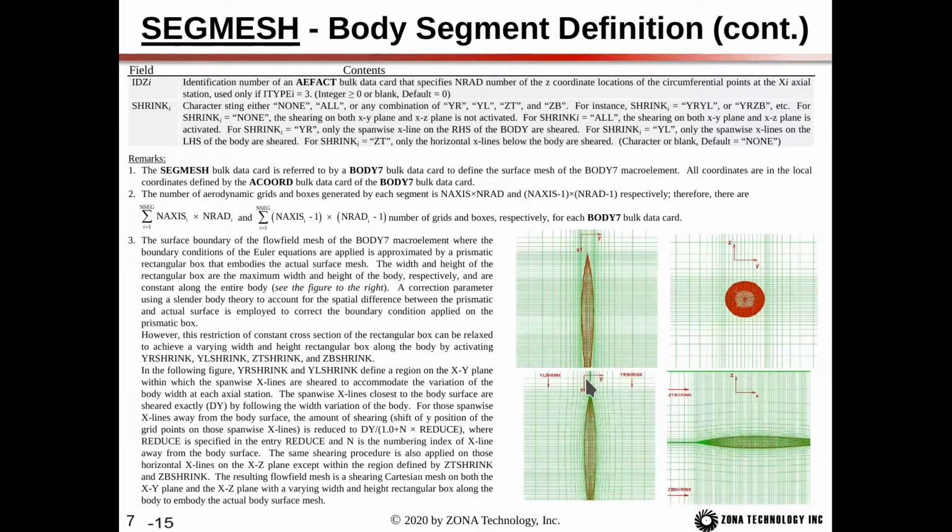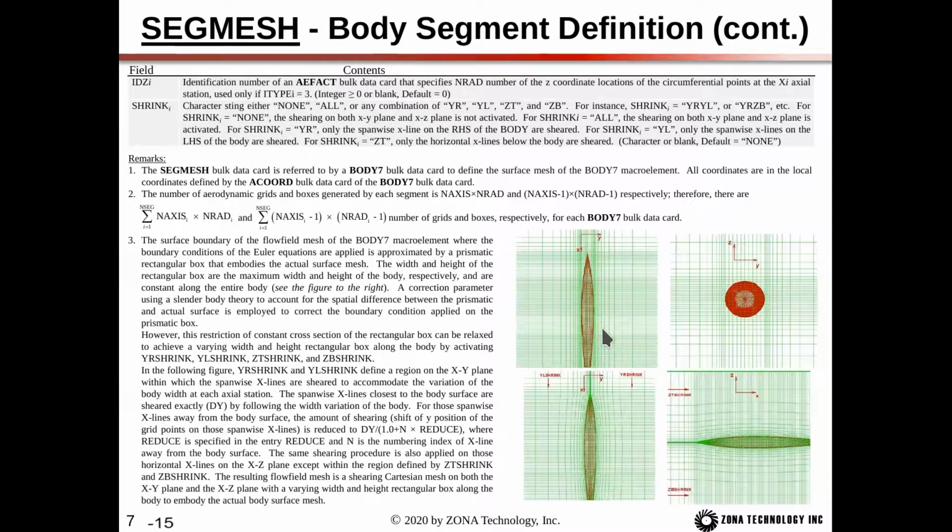Okay, so let's talk about the shrink option. In this figure, we have a very simple slender body. Now by default, remember that we create a body box, so it's just a rectangular type of box, and the body box just looks like this.